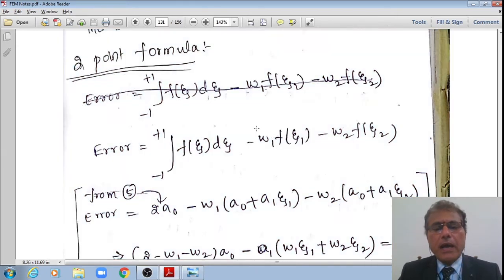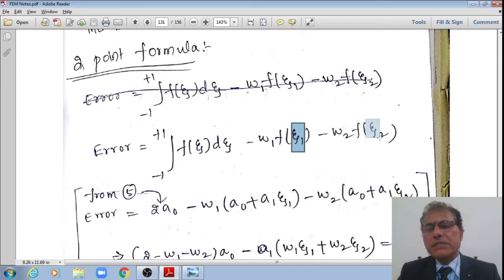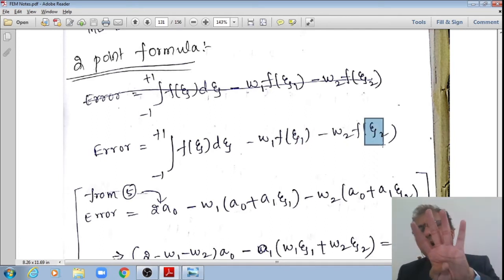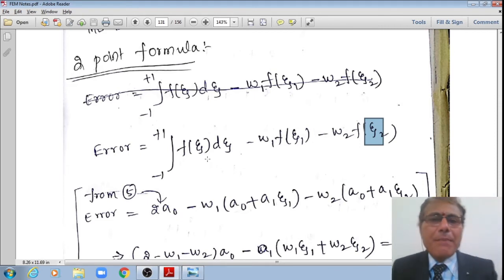Therefore, I do have now w1, w2, two weightage factors, as well as two unknown sampling points xi1 and xi2. Therefore, in turn, I do have 4 unknown parameters here, students.